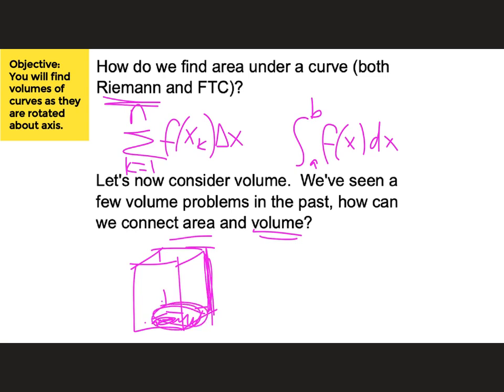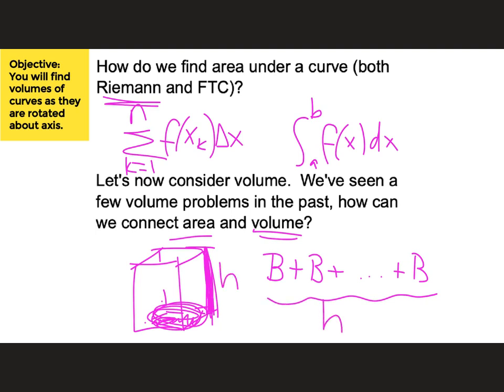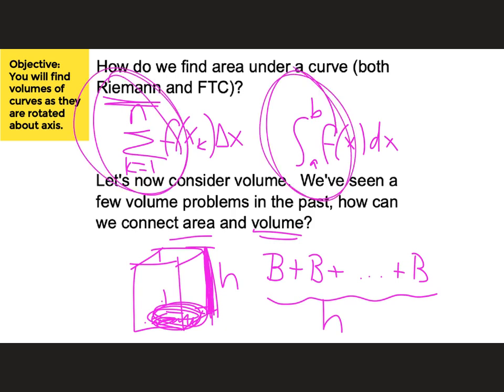That's the same thing as taking the area of the base and adding it up h times. And when I say add, that makes me think of the sum or the integral. And for the h, that's kind of like the width of the interval.